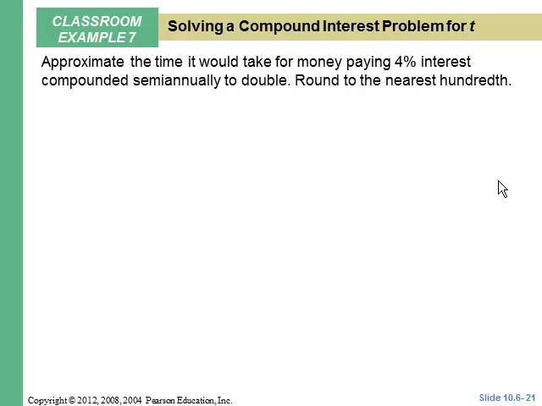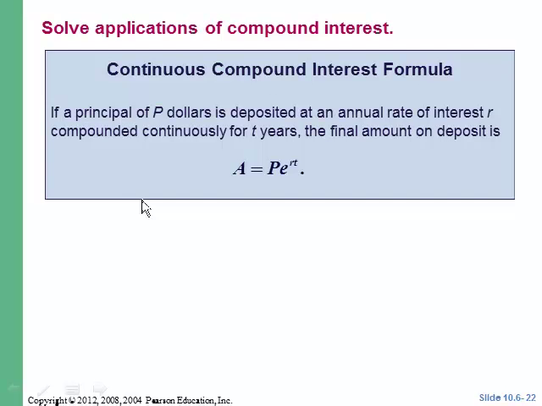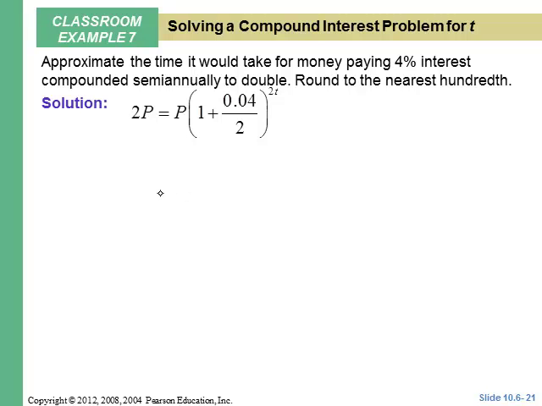Oops, you do this one. Oh, I'm sorry, this is a classroom example. So your money would double if 2P is P times (1 plus 0.04 over 2) to the 2t.